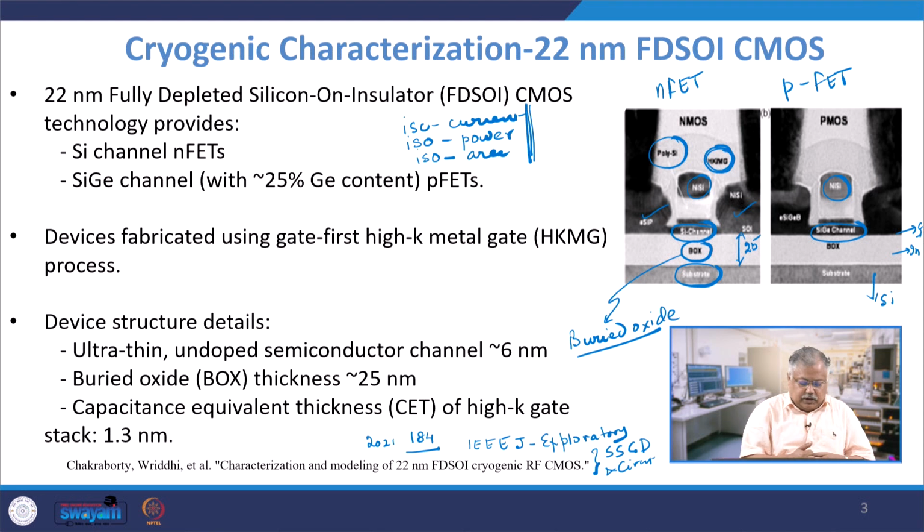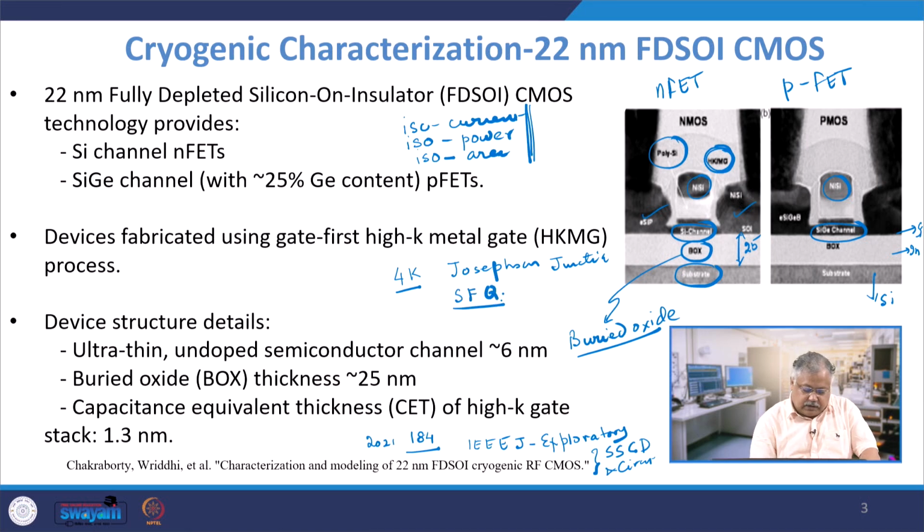So just to give you a brief insight on why FDSOI happens to be a major stay in cryogenic electronics: when you do a 4 Kelvin cryogenics design, they are employed in what are known as Josephson junctions, right? And this Josephson junction is used for what is known as single flux quantum logic, right?